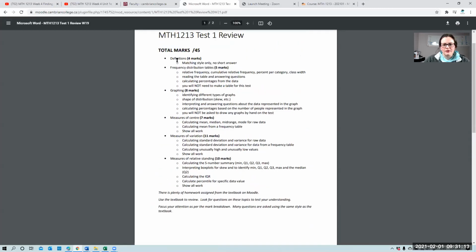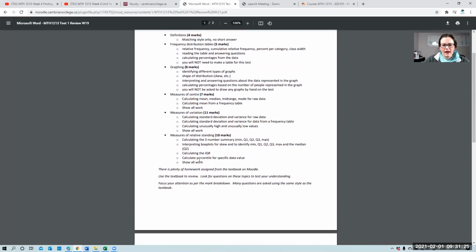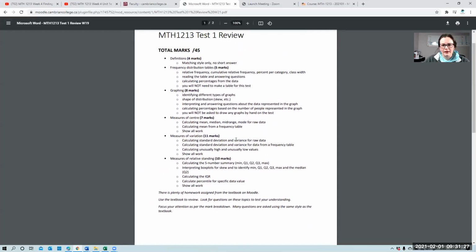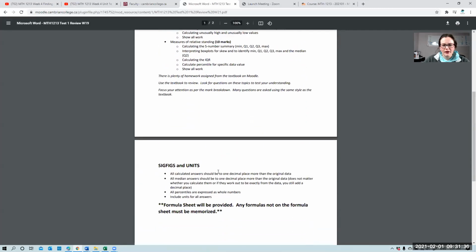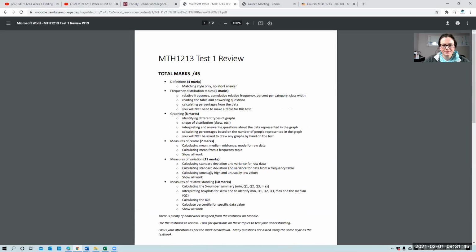It goes through definitions, frequency tables, graphing, measures of center, measures of variation, which is the topic we're going to be discussing today, measures of relative standing, and then the marking scheme of how much each question is going to be worth: 4 marks, 5 marks, 8 marks, 7 marks, 11 marks, 10 marks, and so on and so forth. And then it gives you a couple of hints in terms of sig figs and units. You want to make sure that you include your units in every calculation that you're doing.